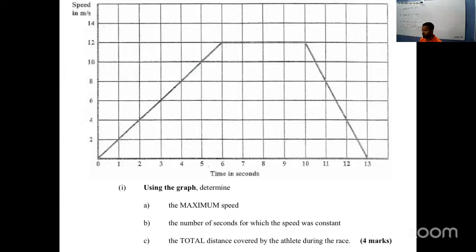Very good. Take them. Same thing again. Speed time graph again.